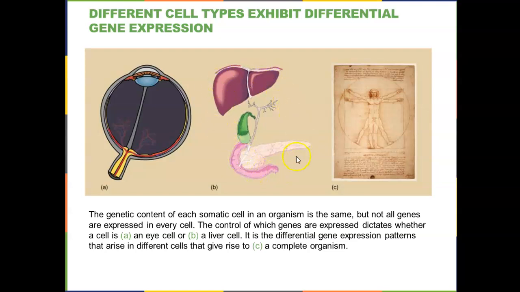All are examples of organs constructed of different tissues. And those different tissues refer to cells that have expressed different parts of their genome, different portions of their genetic content, to have particular features, structures, and capabilities that are unique to the cells in that particular organ, whatever it may be.